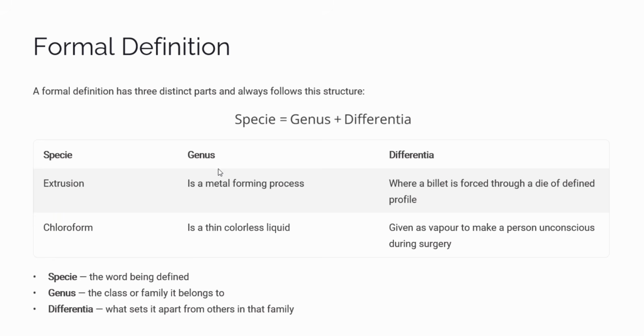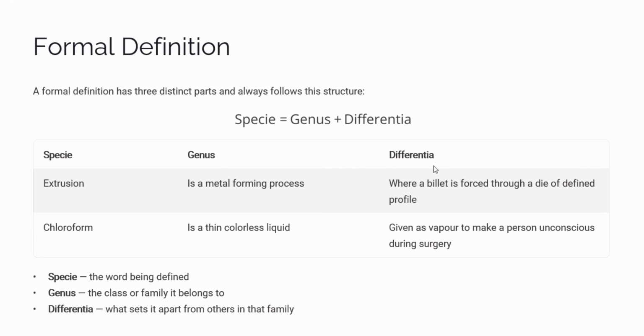Then the differential is what sets it apart from others in that family. So extrusion here falls under the specie, is a metal forming process falls under genus, that is the family or the class it belongs to. Then where a billet is forced through a die of defined profile falls under differential.